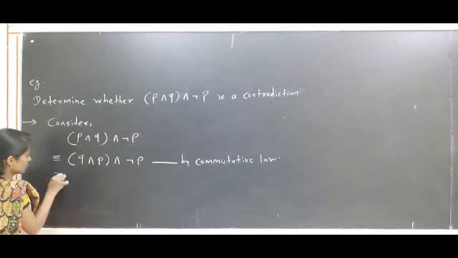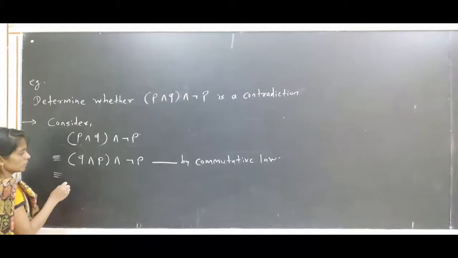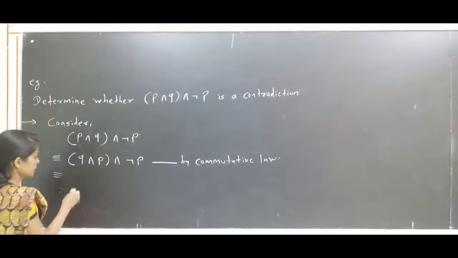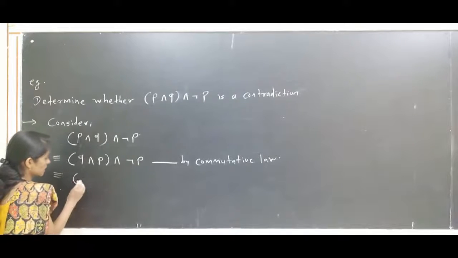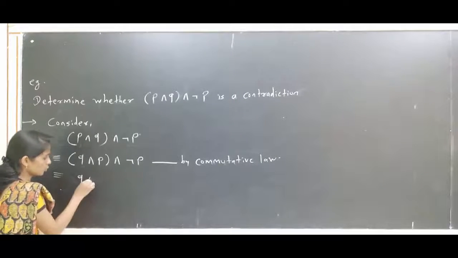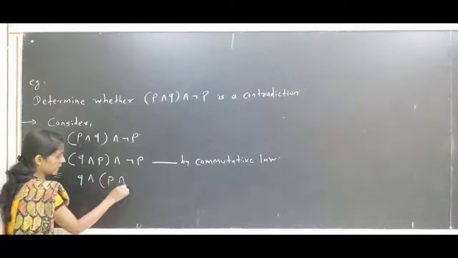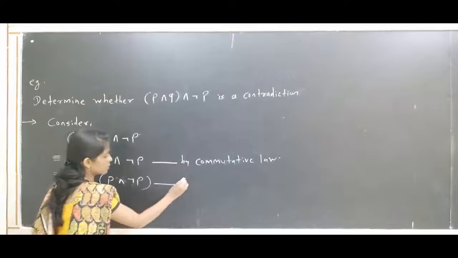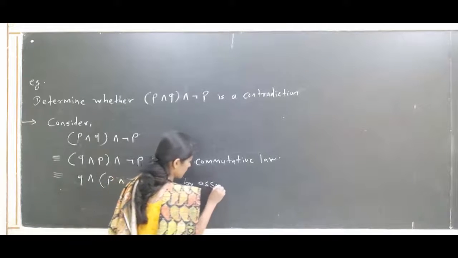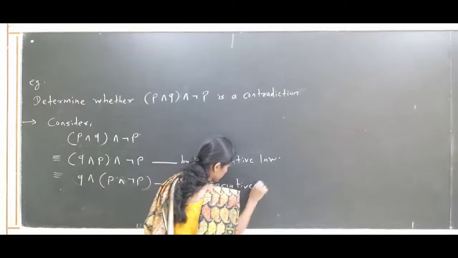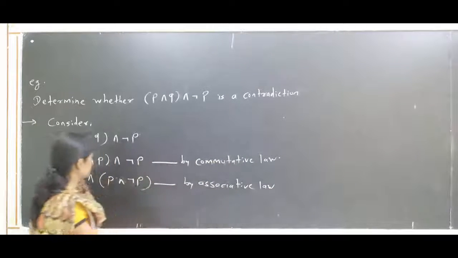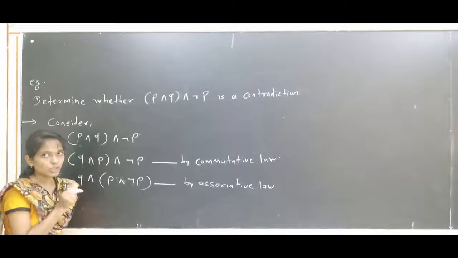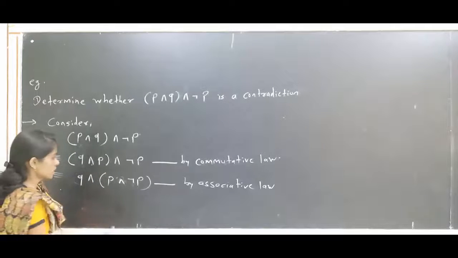Now next one. Here we know the associative law, so we only move the bracket. So in the next step we get Q and in bracket P and negation P, by associative law. See here, in the bracket there is a conjunction sign, and out of the bracket there is also a conjunction sign. Hence we apply the associative law.